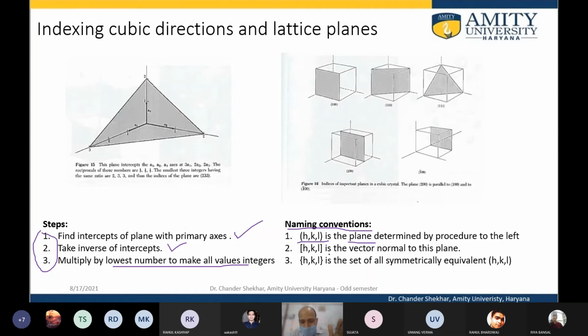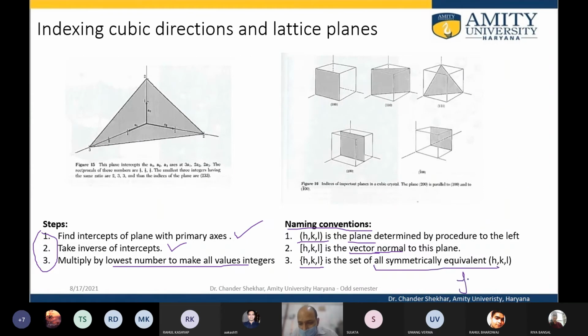If you are using the square brackets, then it is the vector normal to the plane. So these square brackets will represent the direction, the vector which is normal to the plane. Okay, and if it's curly brackets, then it is a set of all symmetrically equivalent HKL.